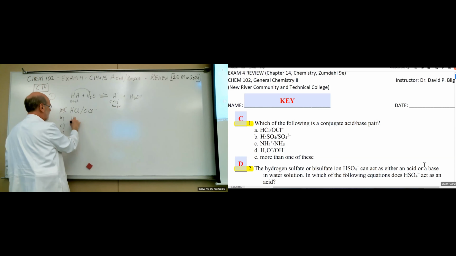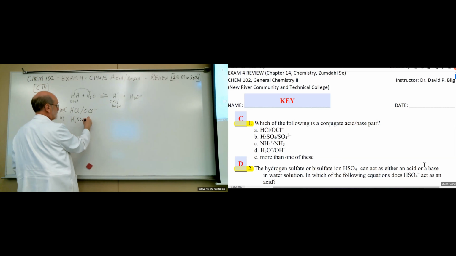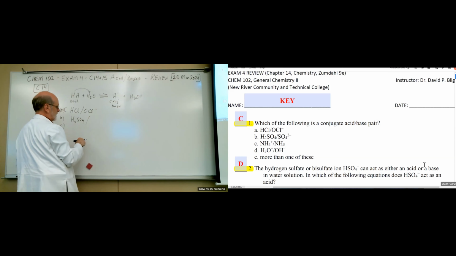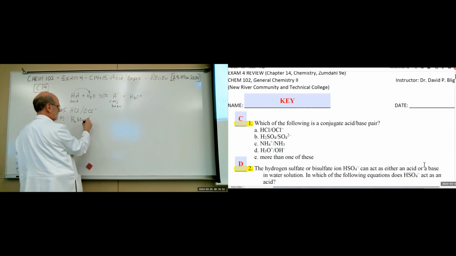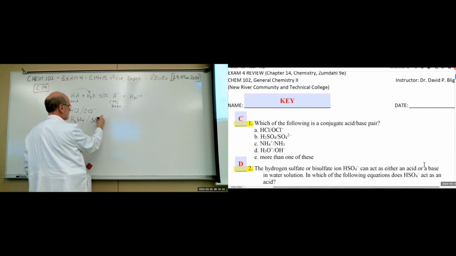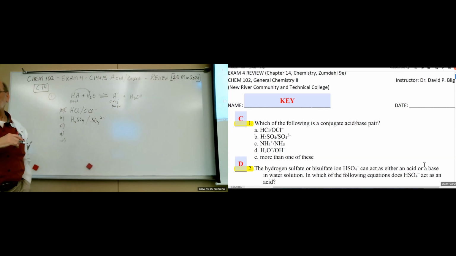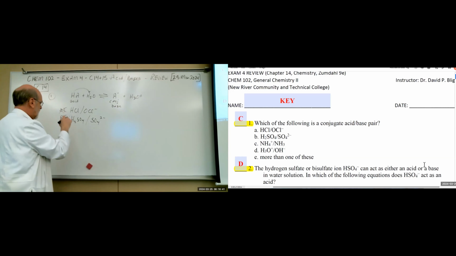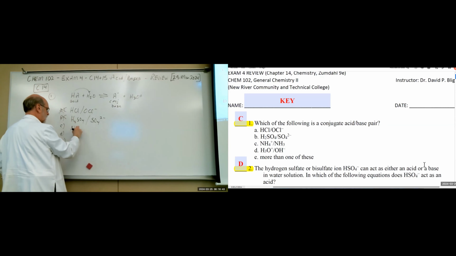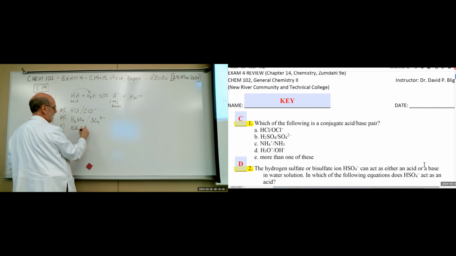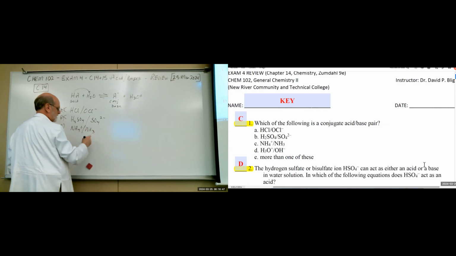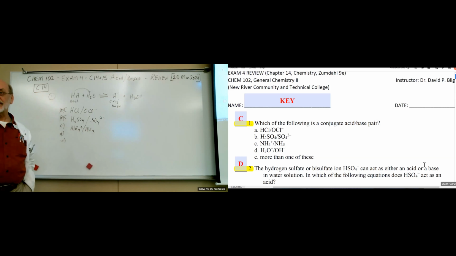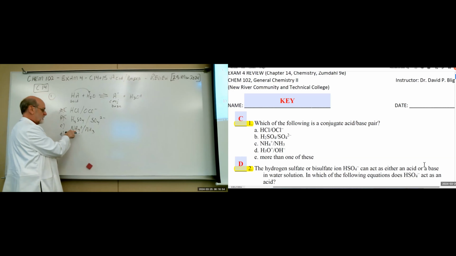How about this one? H2SO4 is an acid, but if it loses one proton, does it end up there? No, that's 2 protons, so that one can't be it. And then this one, ammonium ion and ammonia, is that valid? Yeah. You lose one proton from here, what do you have left? You have ammonia.